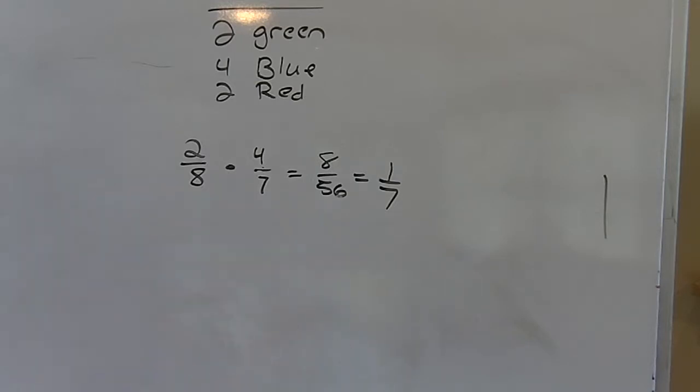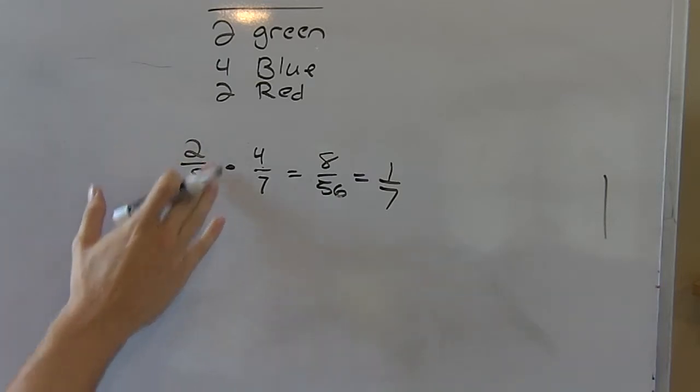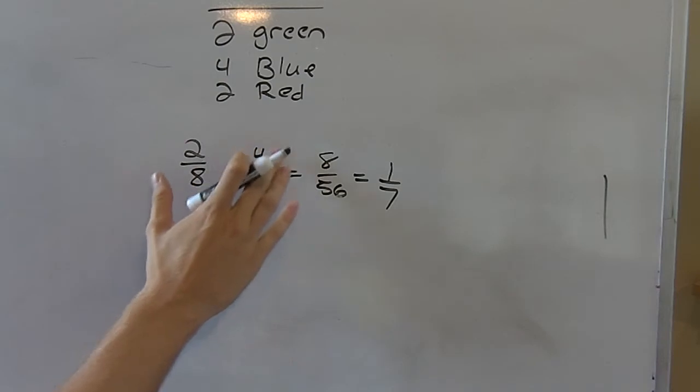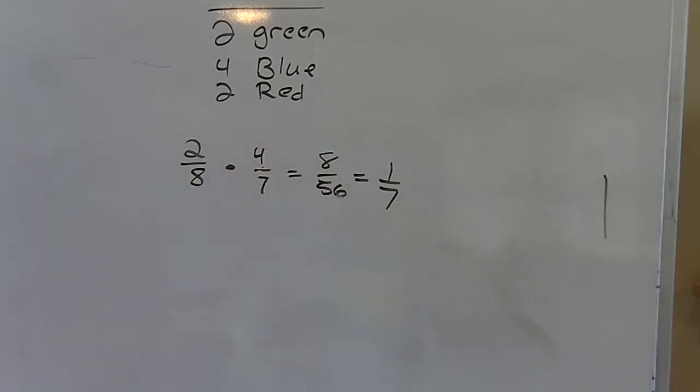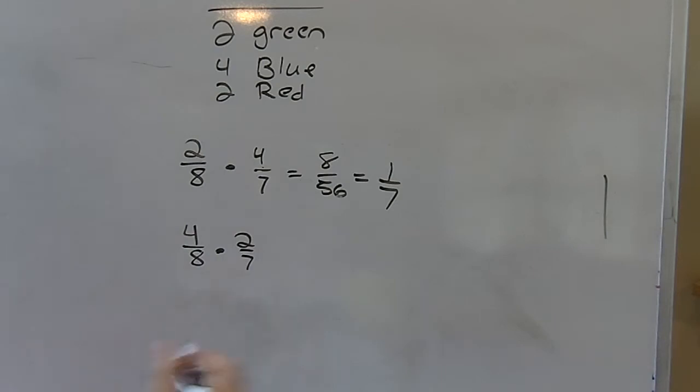So the other way you could have done this, there's always 2 ways to do a dependent event. In this case, the green marble was pulled first, which affected the pull of the blue marble. You could have done it the other way around and done 4 over 8. So there's a 4 out of 8 chance that I pull the blue marble, which would then leave me a 2 out of 7 chance for the second one.